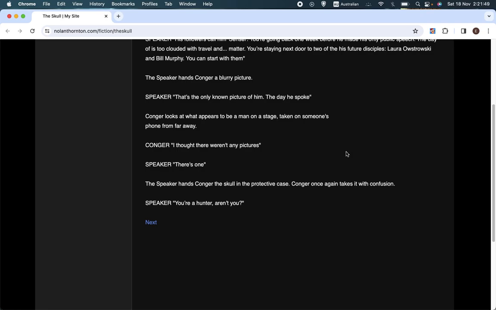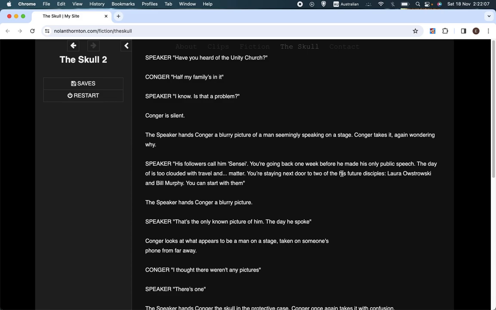So you have to either end quite a lot of the branches, which means that the story is quite short, or you have things loop around, and that has the problem that then your choices don't end up making any difference. This is quite a long story.